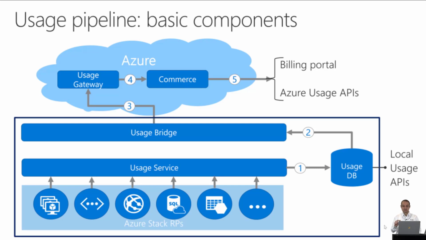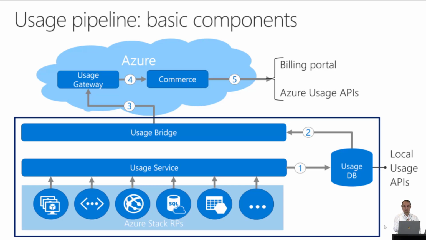The second service is called the usage bridge. The usage bridge is a service that will come alive every 1 hour, 60 minutes, and then go ahead and talk to the usage database and capture the fresh data that it has, and talk to the Azure-based service in the cloud called the usage gateway. It will pick up that fresh data and communicate that to the Azure usage gateway service.